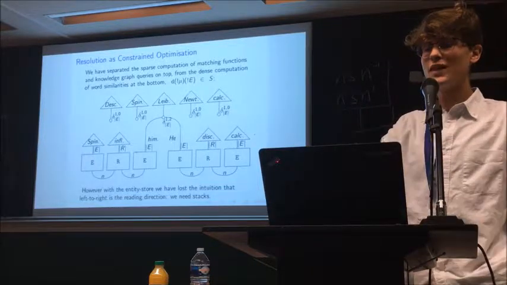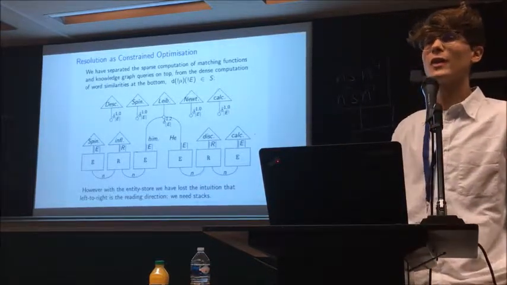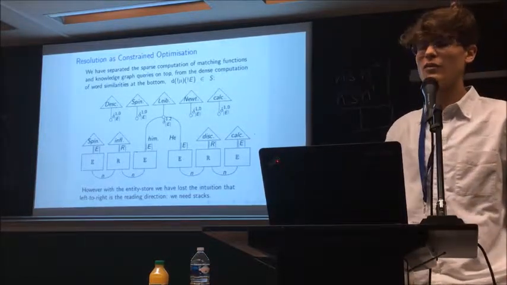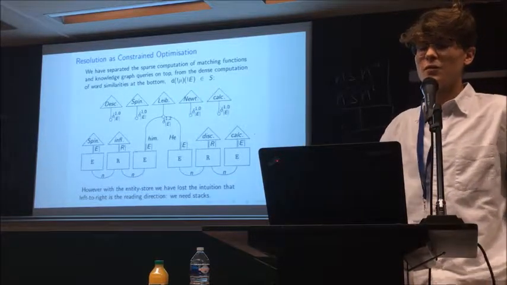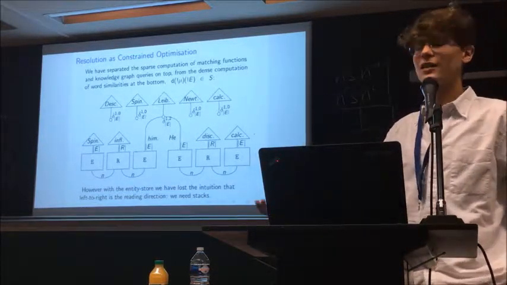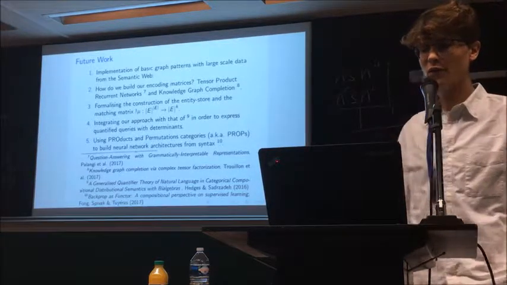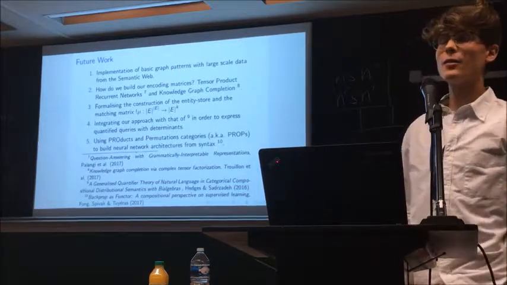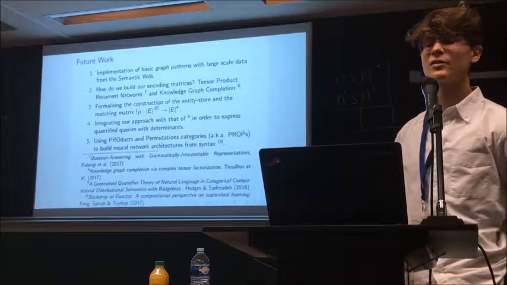And from these diagrams, basically compute constraints on the encoding matrix E, in the sense that every time you have an utterance, every time you have a discourse of this shape, you can use it as training data for your encoding matrix.